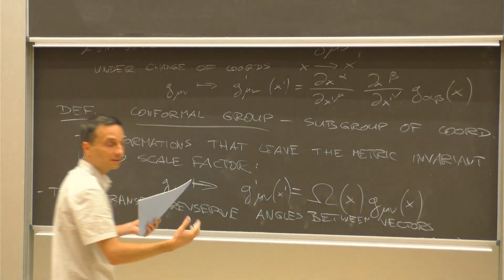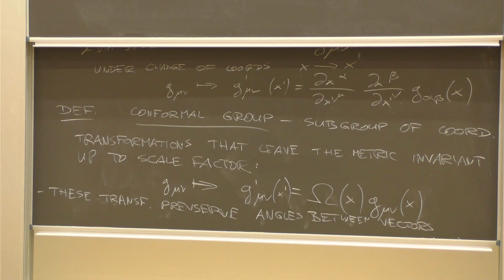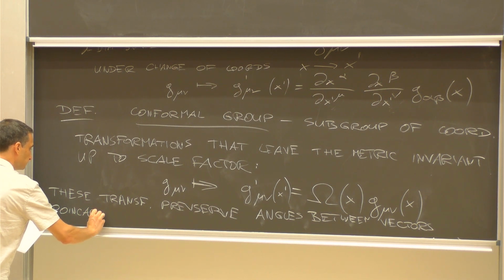So not necessarily the length of the vectors, but the angles between them. And it's also an important statement that the Poincare group, namely translations and Lorentz transformations, are a subgroup of the conformal group.